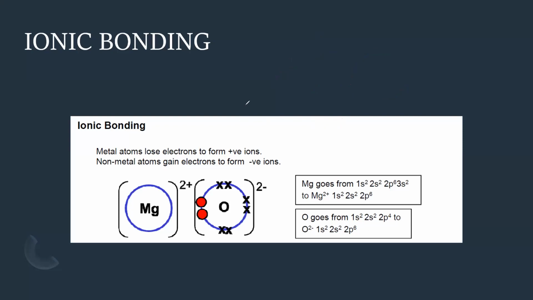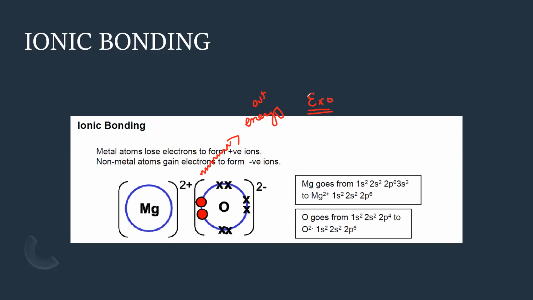So when these ionic bonds are formed, bond forming is always exothermic. When these ions come closer to each other, this results in an emission of energy. Energy is released, and whenever energy is given out, that kind of reaction is known as exothermic. So bond forming is always exothermic.